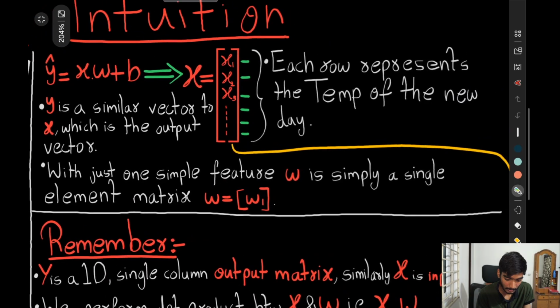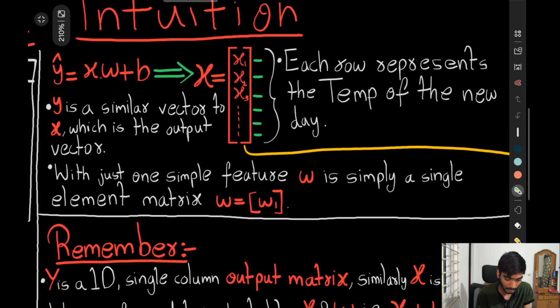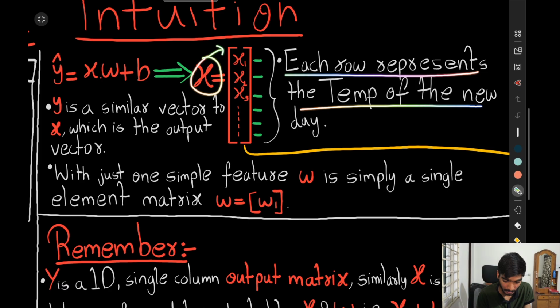Now consider a simple linear regression with only a single feature. To get hands on with the matrices, in this equation y = x dot w + b, y is the output matrix, x is the input matrix and w is the weight, as we discussed in the previous video. X represents a set of inputs. Each row represents the temperature of a new day.